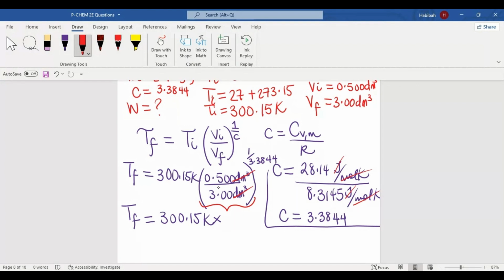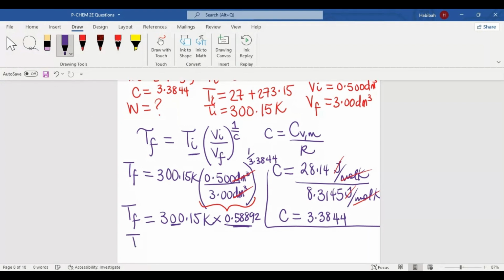You have to learn to input complex information into your calculator, and inputting that in my calculator, I ended up getting 0.58892. So that's the information here. Now I can use this and multiply by the initial temperature to find the final temperature.